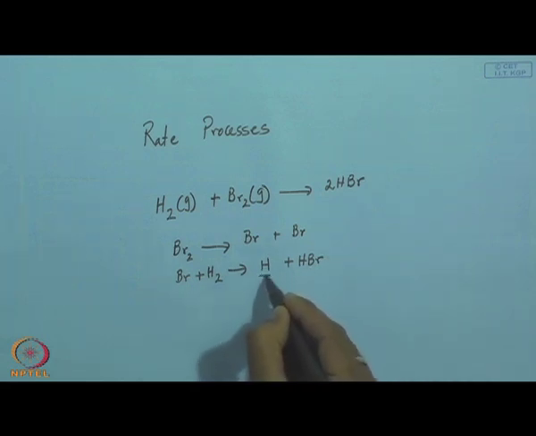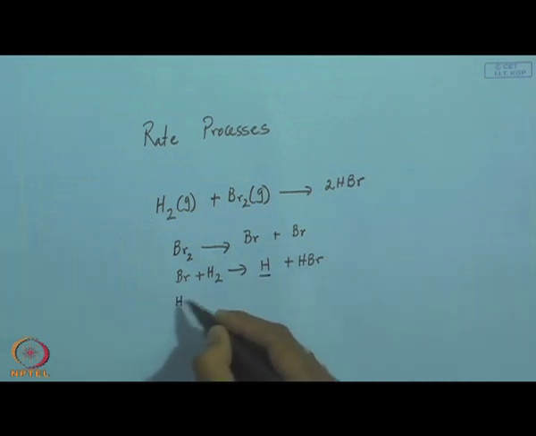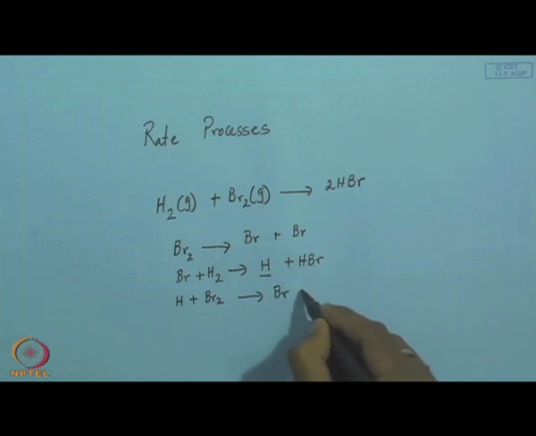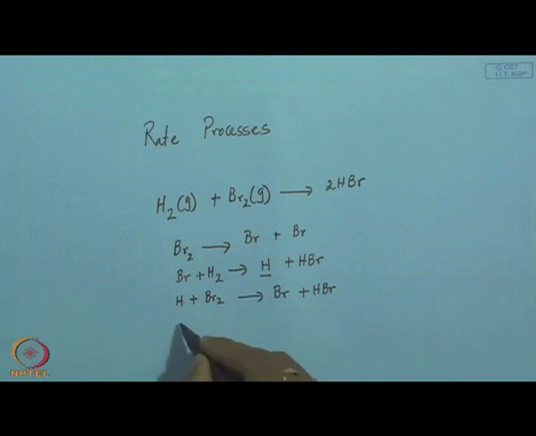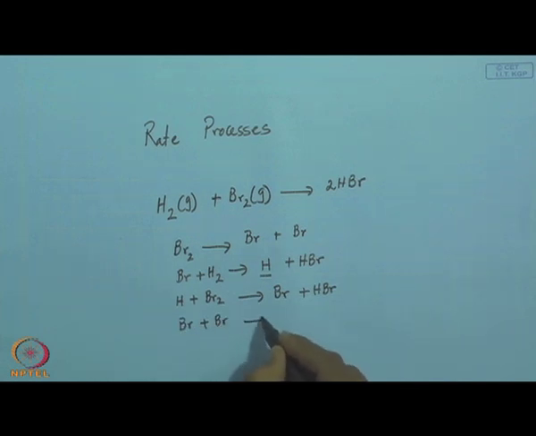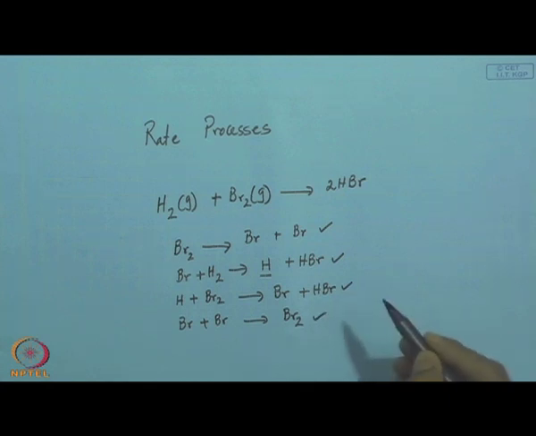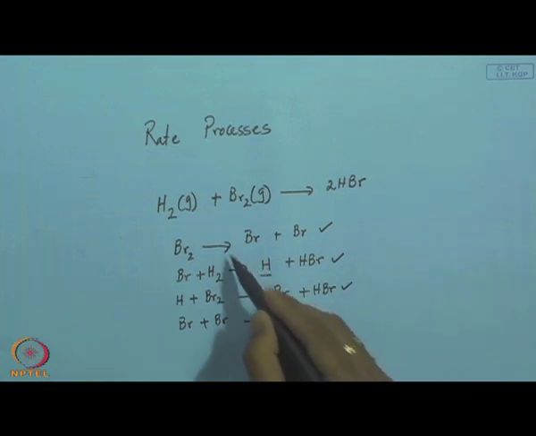Then this hydrogen again reacts with Br2 to produce Br and another hydrogen bromide, and then this Br again reacts with Br to produce Br2. So, these are elementary reactions. There are four elementary steps for this reaction.